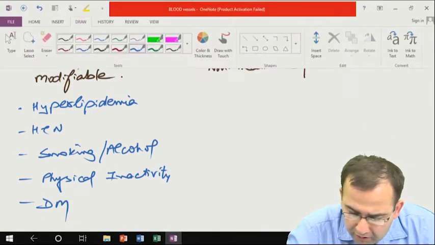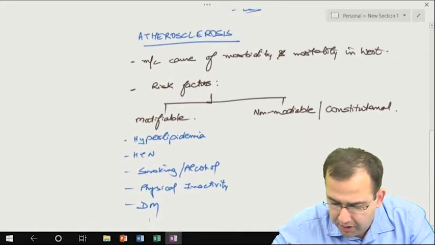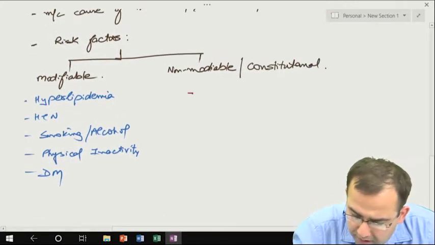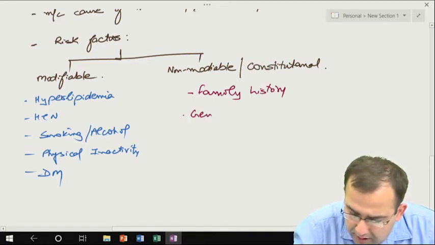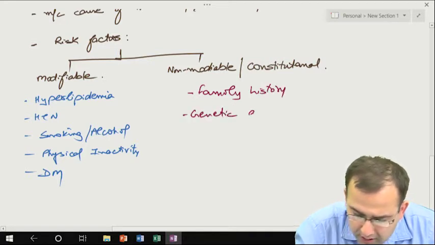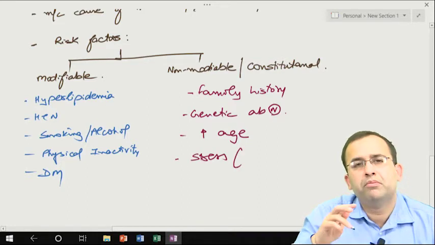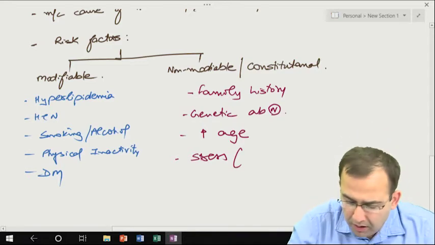Versus non-modifiable risk factors, which are family history, genetic abnormalities, increasing age, stress. You very well know that there are two types of people: type A, which are the more aggressive ones; type B, which are the cool, happy go lucky people.